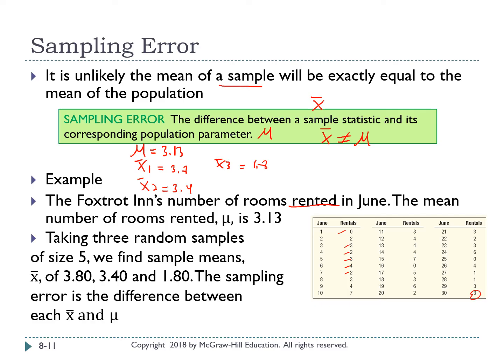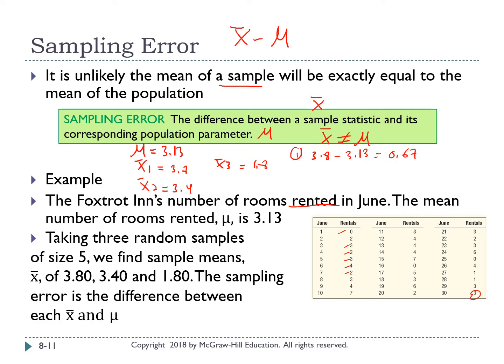So how can you compute the sampling error? And what is the formula of sampling error? The formula to compute sampling error is X bar minus mu. As simple as that. So let's try to compute it. The first X bar is 3.8 minus your mu, 3.13. So you should get the value of 0.67.